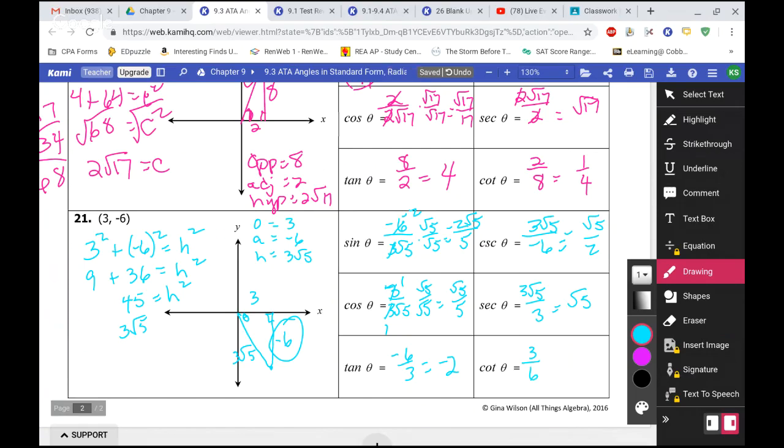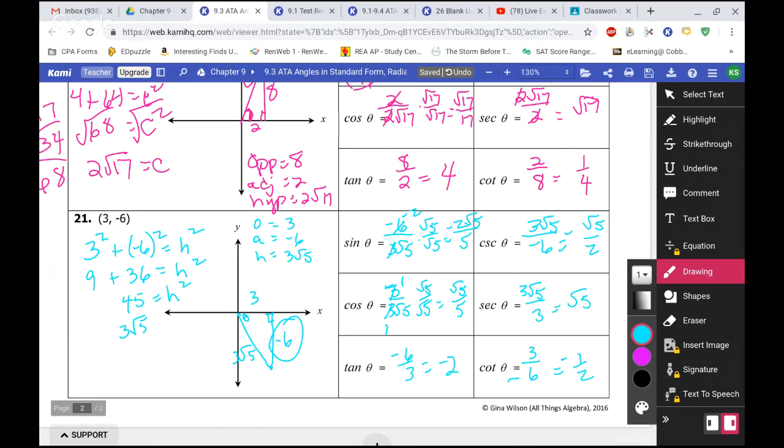No, cosine is 3. I'm so sorry, I was off with the angle. So the first one is 5 root 5 over 5 for cosine, and secant is root 5 all by itself. Got it. Okay, that makes sense.